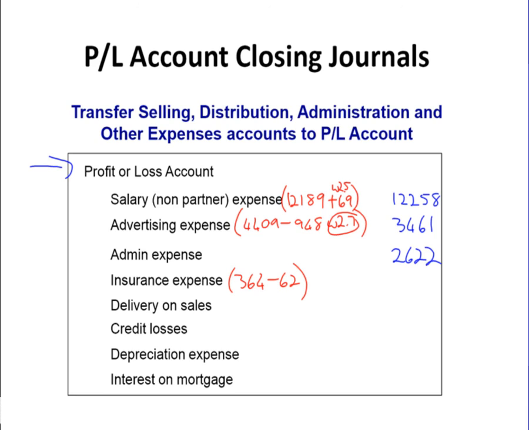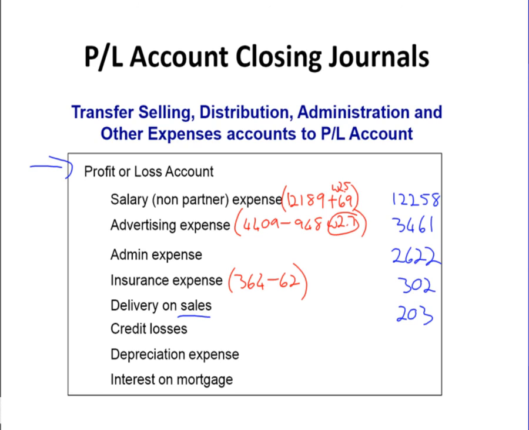Okay, 364 minus 62, and that gives me 302 being the credit. Then delivery on sales. Delivery on sales, well, that was straightforward, nothing else to worry about, 203. Remember, it's delivery on sales, so it's in other expenses, not cost of sales.